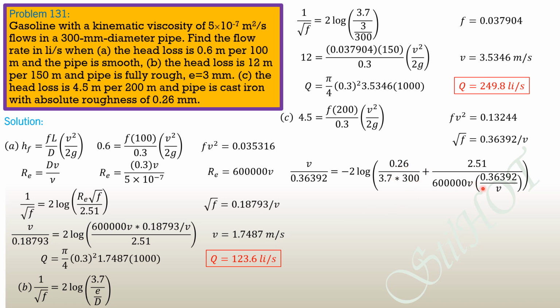So we can cancel V. We can evaluate this right side value, then times 0.36392. Then we can compute the mean velocity of flow, which is equal to 2.6272 meters per second. Then the discharge is pi over 4 times 0.3 squared times 2.6272 times 1000. So the discharge is equal to 185.7 liters per second.